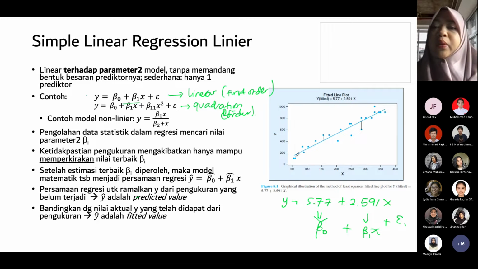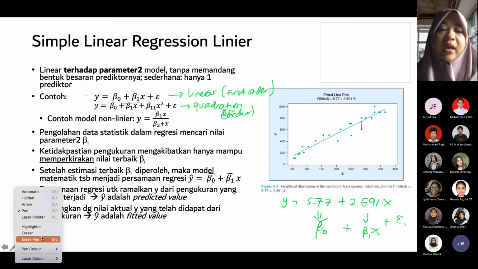Okay, so for example, we want to find up to this area around here. It hasn't been measured, but we want to predict what is the value around this area. So it's called predicted value. But if you want to compare the actual y, let me check the colors here.